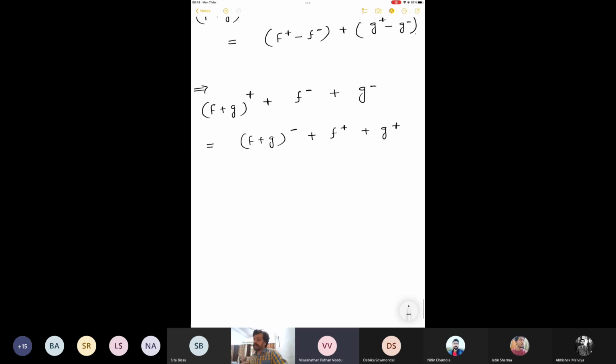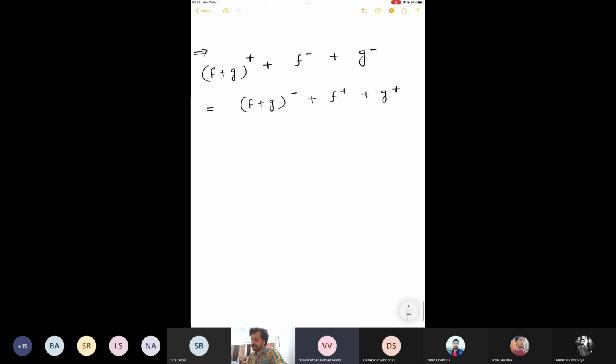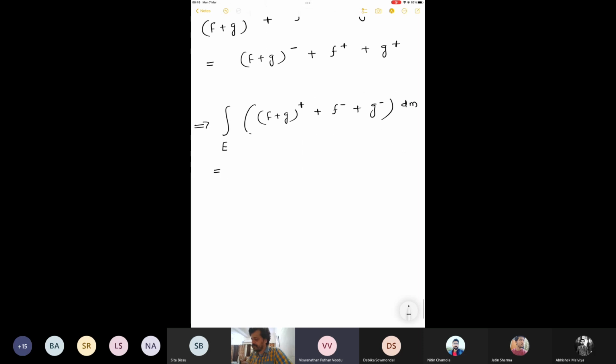Now you have two functions, let us say h1 equal to h2, and h1 and h2 are non-negative. Once they are equal, their integrals are equal. That follows from the definition. So the integral over E of (f plus g)plus plus f minus plus g minus dm is equal to the integral over E of (f plus g)minus plus f plus plus g plus dm.